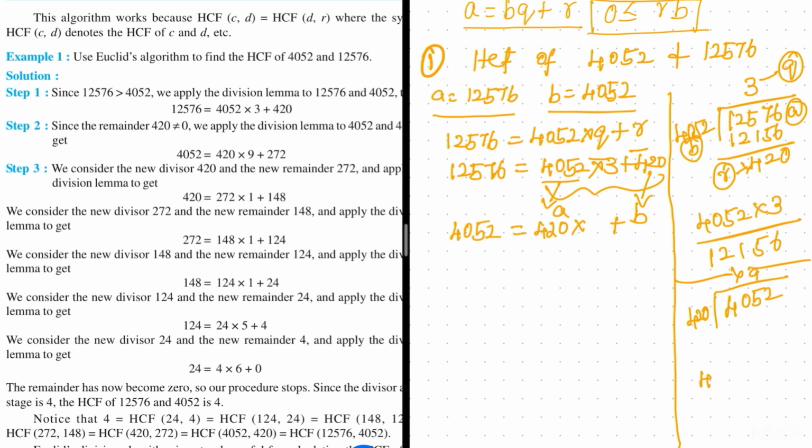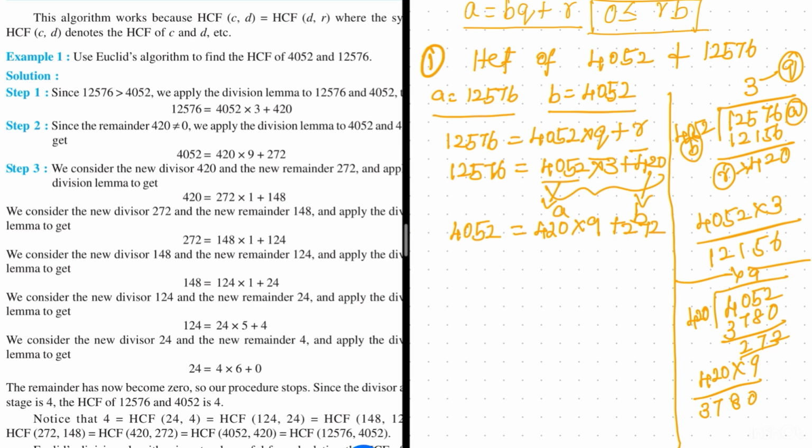So 420 into 9 is 3780. Subtracting, you will get 272, because you have given the carry here. So what is to be filled here is 9 and the remainder 272. Again you have to repeat this.